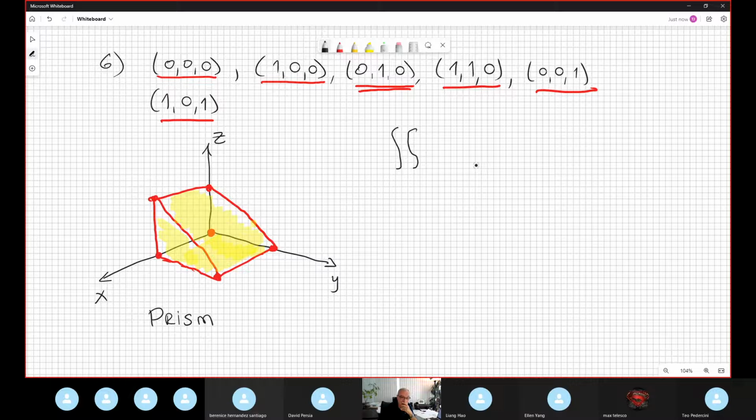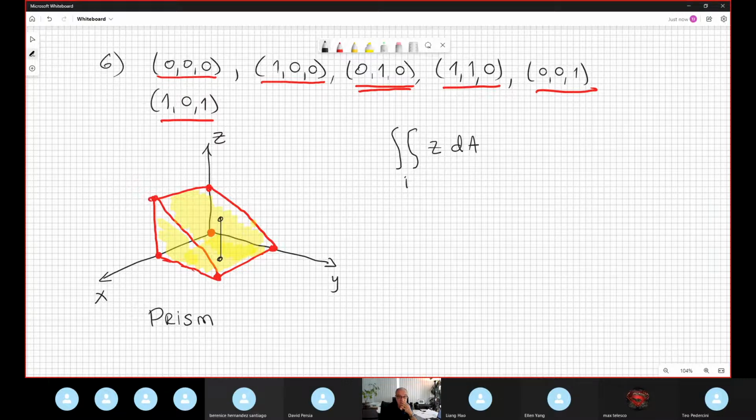The integrand function is the z value of this plane, from this to this. Okay, I have no idea. This z value of this plane, dA.